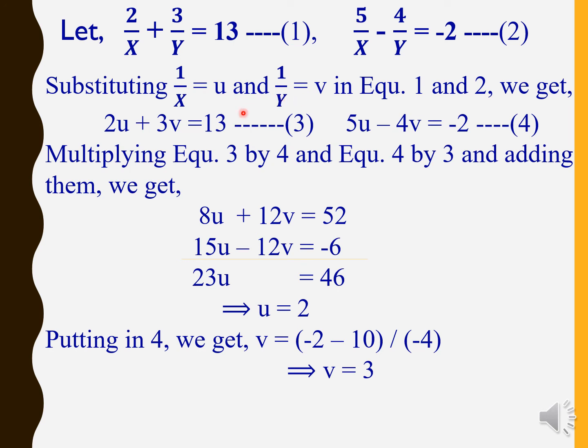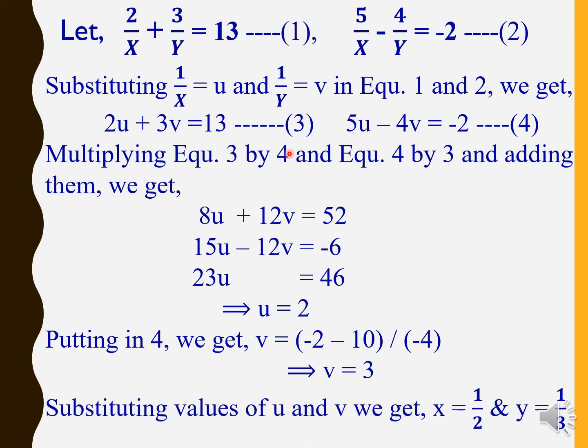We have 1 by x equals u, so u equals 1 by x. That means x equals 1 by u, so x equals 1 by 2. And y equals 1 by v, that is 1 by 3. Now that's the solution of these equations.